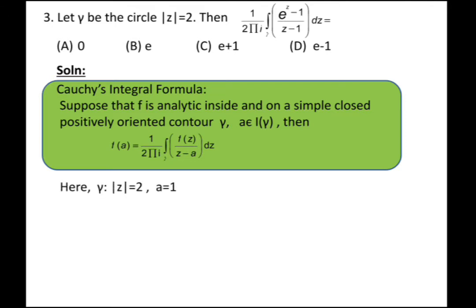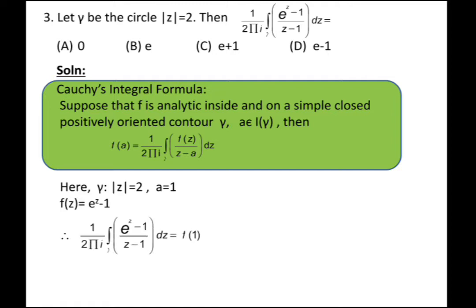Here gamma is the circle mode z equal to 2. That means the circle mode z equal to 2 is actually a circle with center 0 and radius 2. So here a equal to 1 is an interior point of the circle, and also f of z equal to e raised to z minus 1 is analytic in the circle C. So we can apply this Cauchy integral formula here.